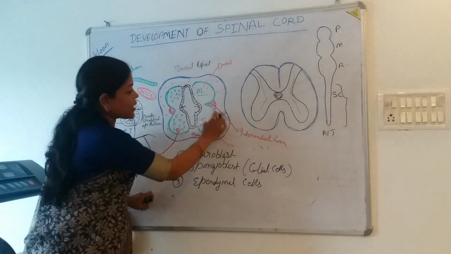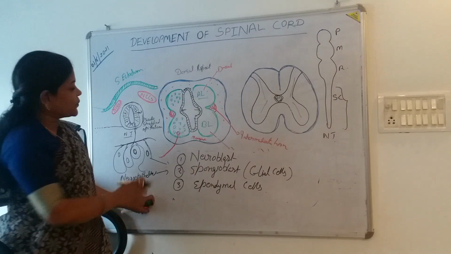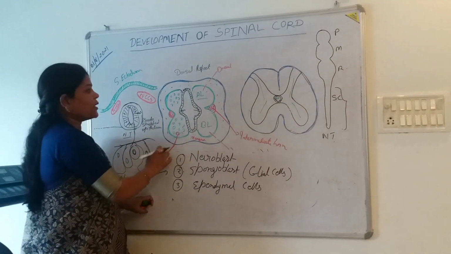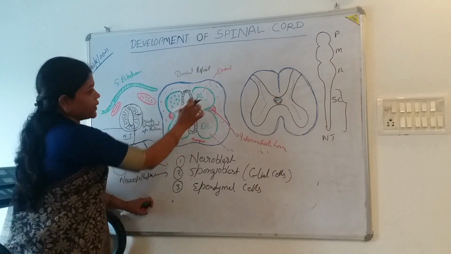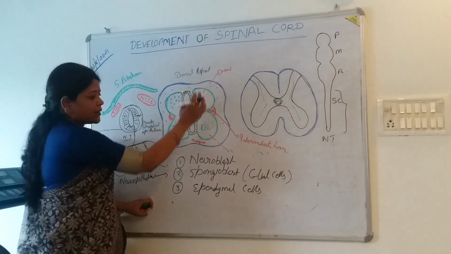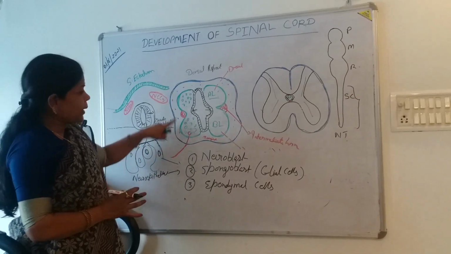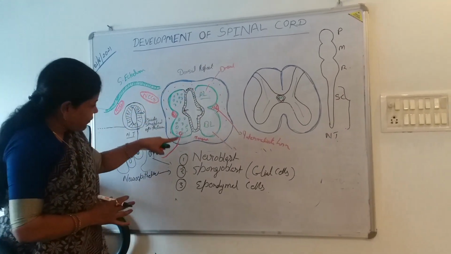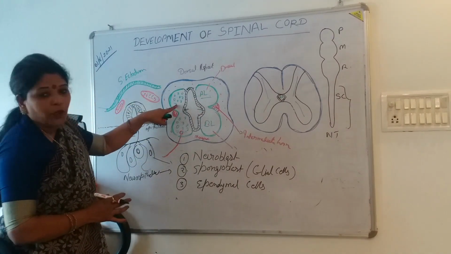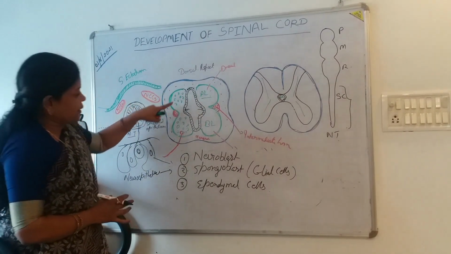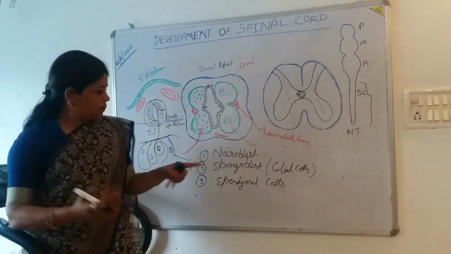There are the ascending and descending tracts, that means the axons coming and going inside the mantle layer. This is the sensory part, this is the motor part. We will discuss that now. The marginal layer is formed by the axons which are leaving or coming to the alar lamina or the basal lamina, which later myelinate.